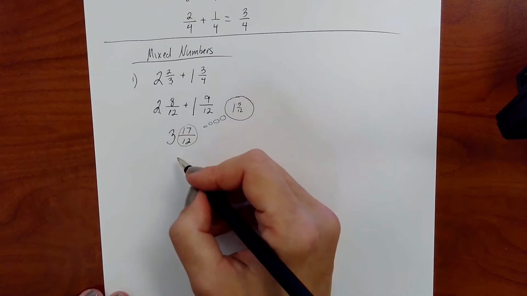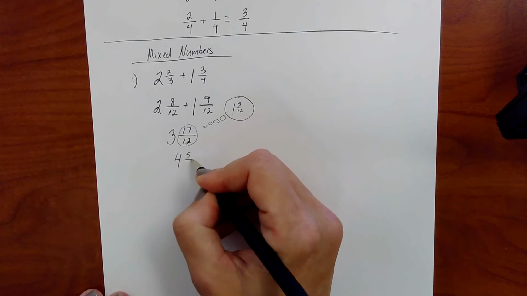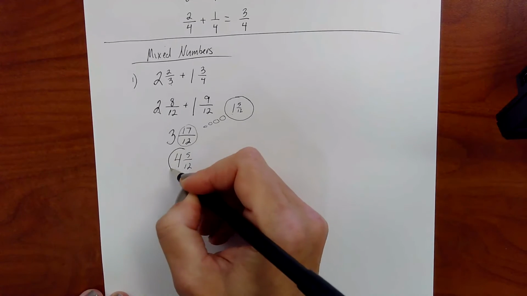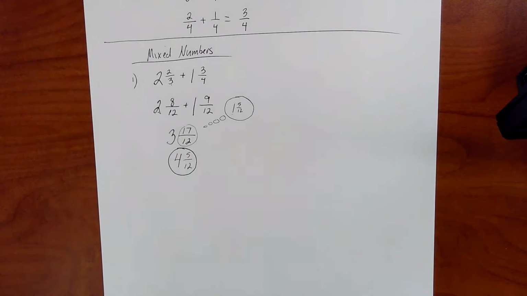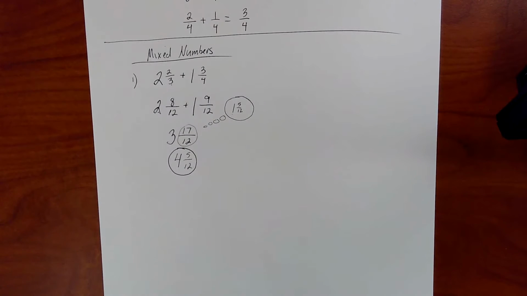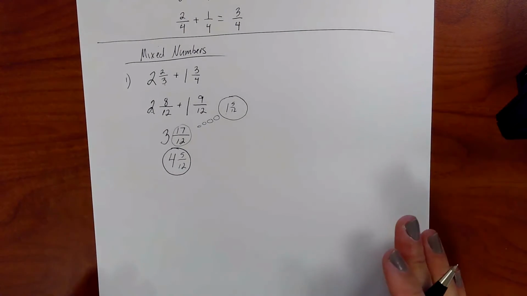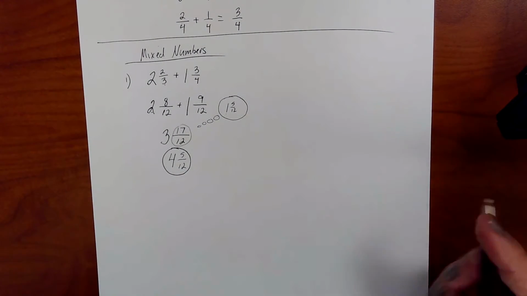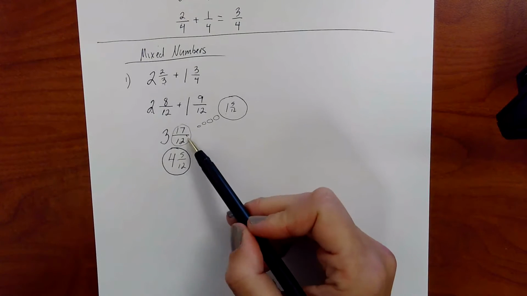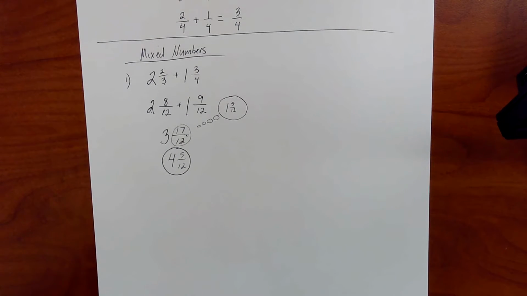So you're going to take that 1 and add it on. So your final answer is really 4 5/12. Okay? All right, so that's adding, and that's the craziest thing that could happen with adding. You could get an improper, but then you just add it on there.